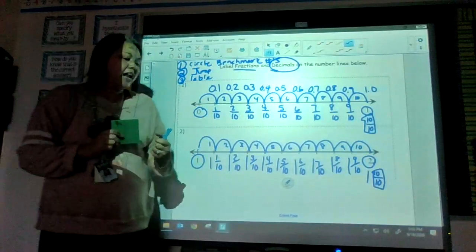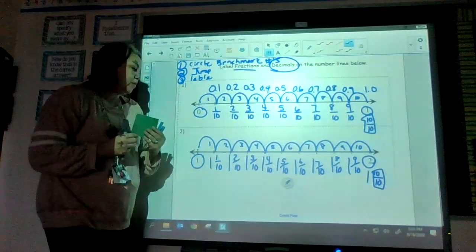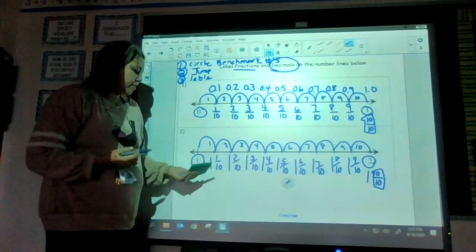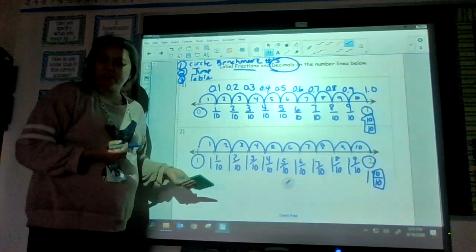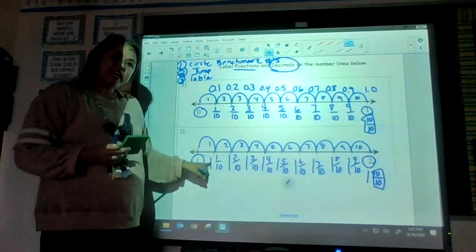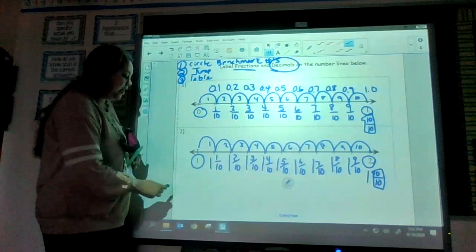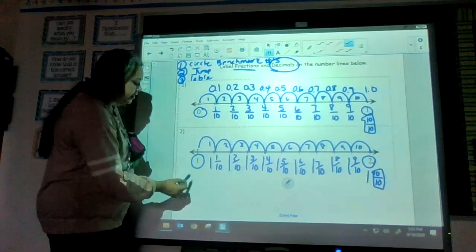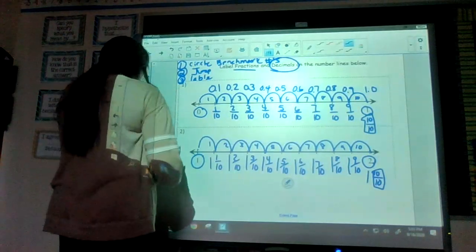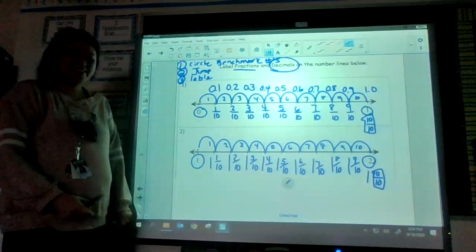Okay, now we really worked on this a little bit with money too. When we were dealing with our money and we were taking fractions and decimals to fractions. But when we're doing money, if we can say it, we should be able to write it. One whole, we know in the place value chart, whole numbers sit to the left, decimals to the right.